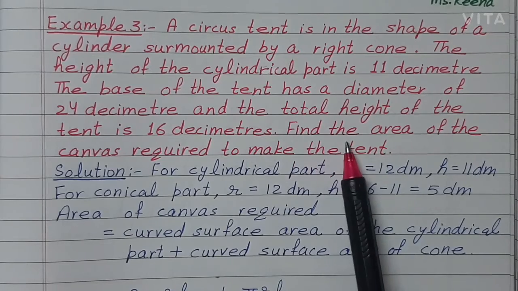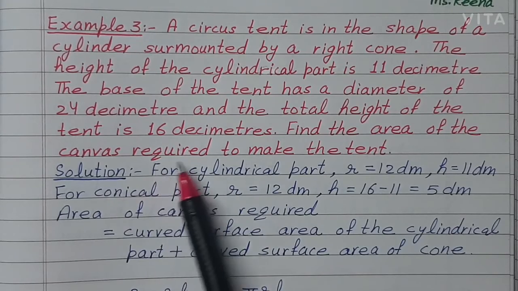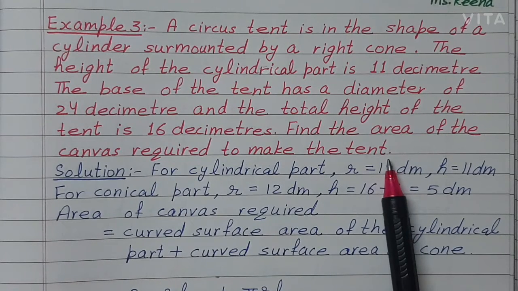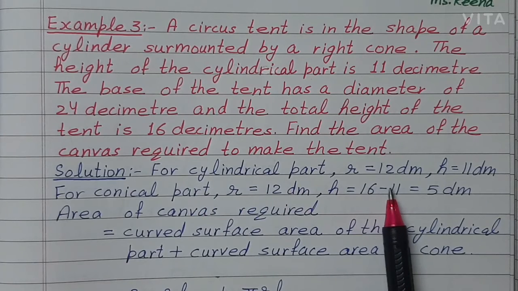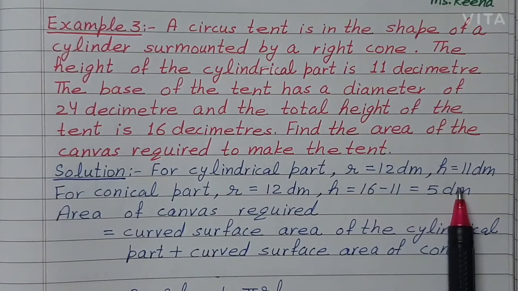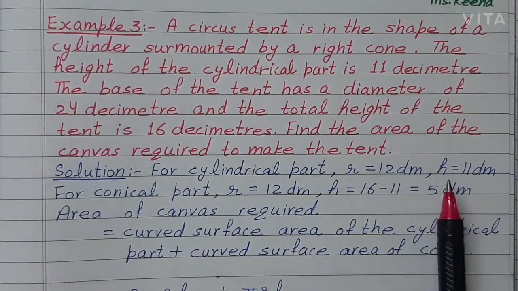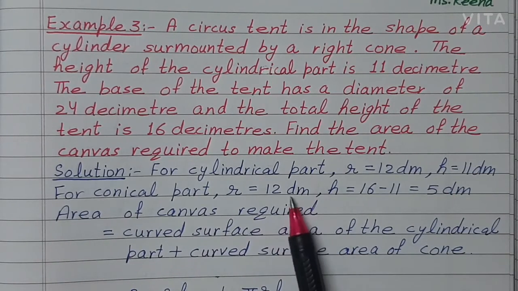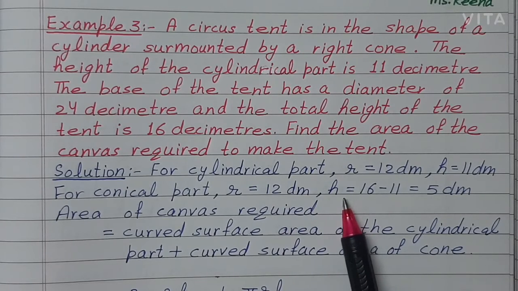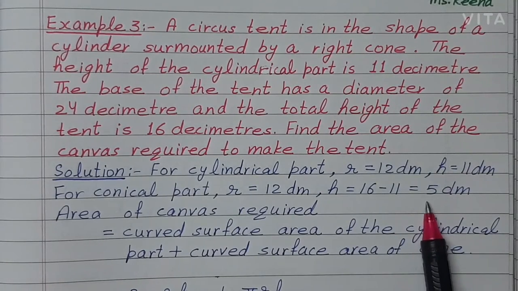Find the area of the canvas required to make the tent. For the cylindrical part, radius is 12 decimeter, height is 11 decimeter. Clear? For the conical part, radius is 12 decimeter and height is 16 minus 11, that is 5 decimeter.